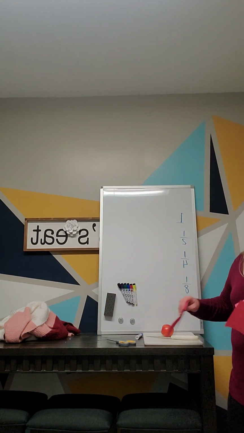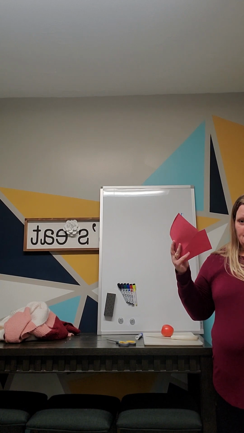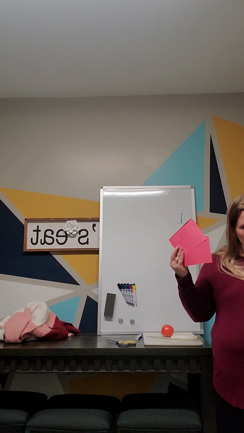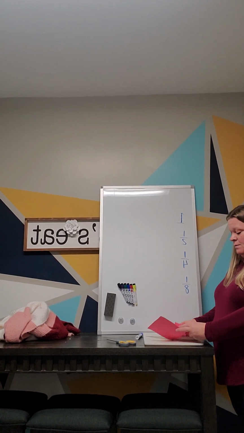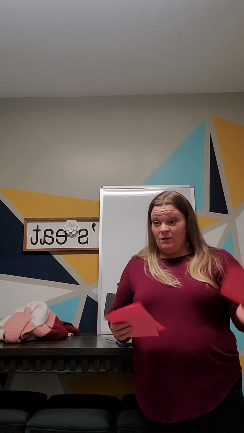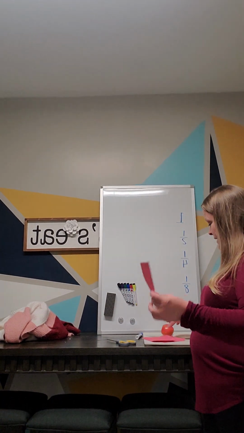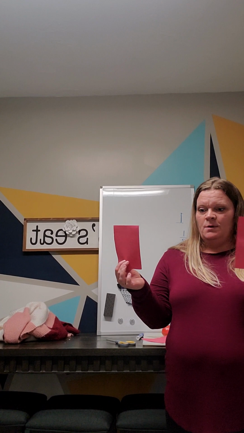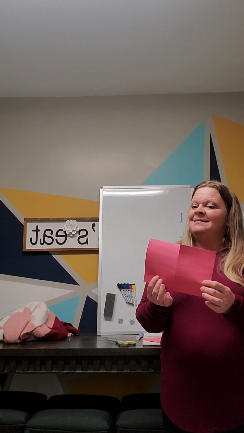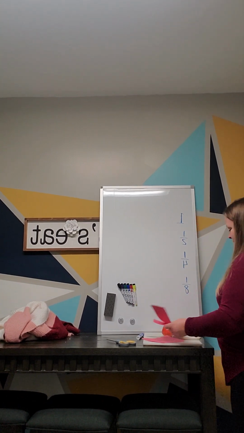So now how many pieces do we have? How many pieces do we have? 4. So what's 1 piece called? 1 piece of the 4 is called what? 1/4. So what happens if you take 1/4 and 1/4 and put them back together? What do you have? 1/8? 1/2? No, let's think about it.